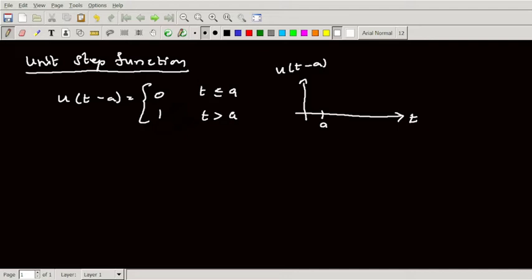Until the current is switched off, power is supplied to the circuit. So the light or fan stays on till the end of the timing. Here we are expressing that when t is greater than a, u of t minus a is 1, otherwise it is 0.